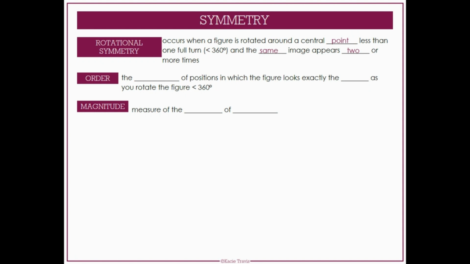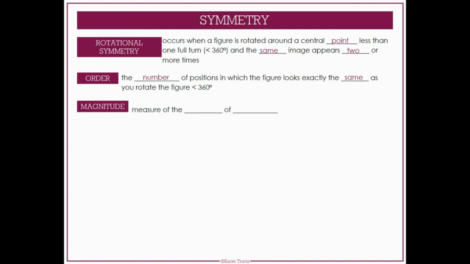Now, we have two things that go along with this: the order and the magnitude. First, the order is the number of positions in which a figure looks exactly the same as you rotate the figure. So, how many positions can you turn a shape around to where it looks the same as you go through this rotation?